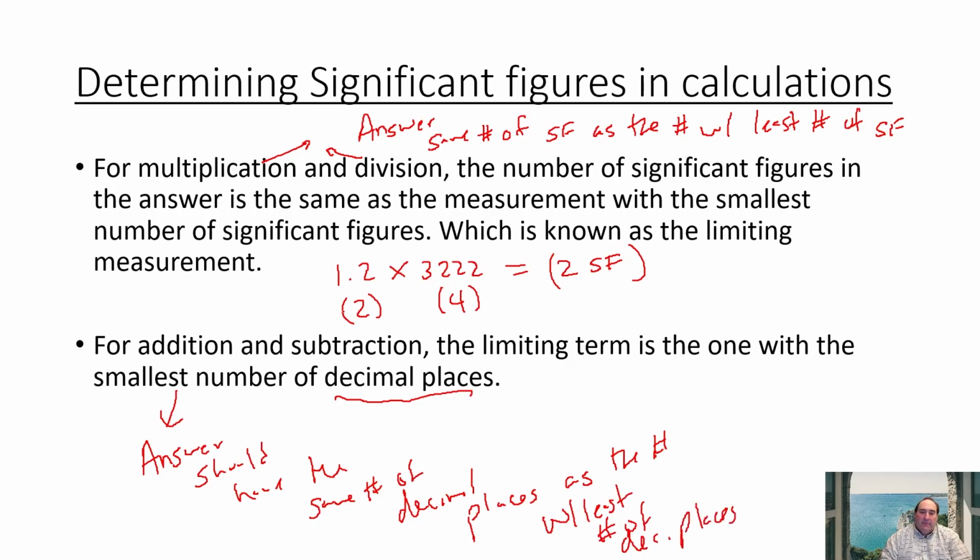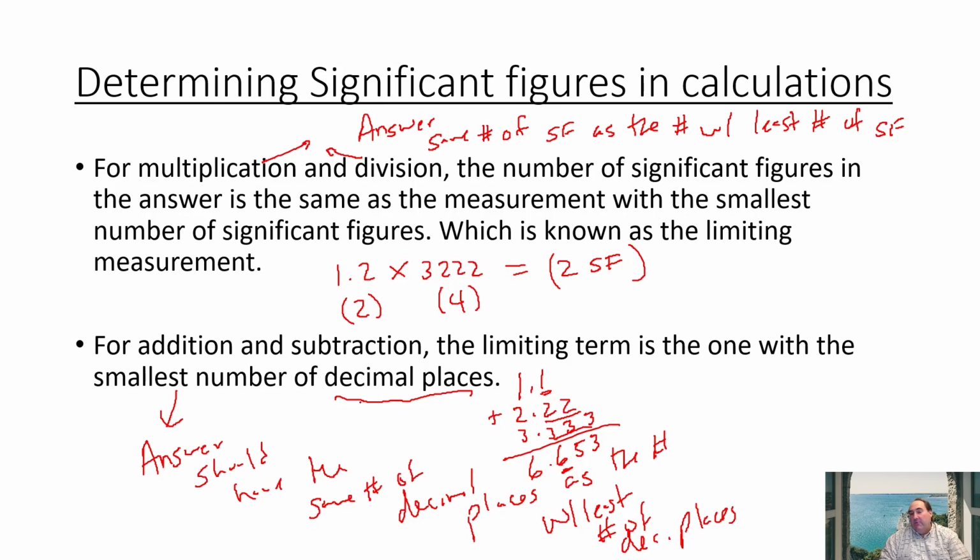So let's just say I was taking 1.1 and we're going to add it to 2.22. We're going to add it to 3.333. Very creative there. And try it without the calculator. That's going to be a 3. That's going to be a 5. That's going to be a 6. And that's going to be a 3, 5, and a 6. So here we went to 1 decimal place, 2 decimal places, 3 decimal places.